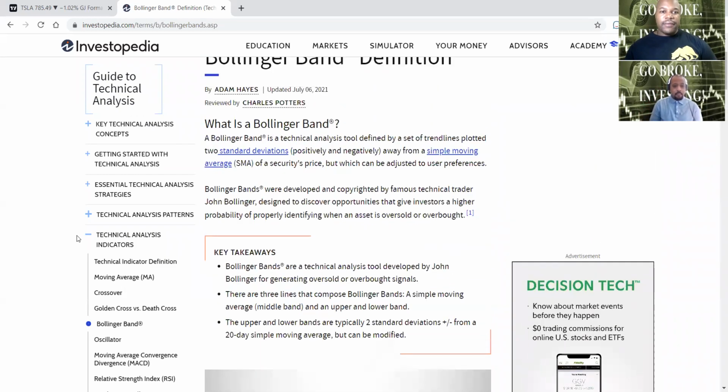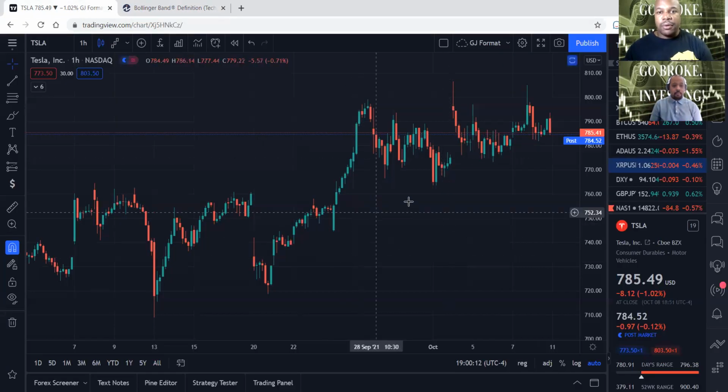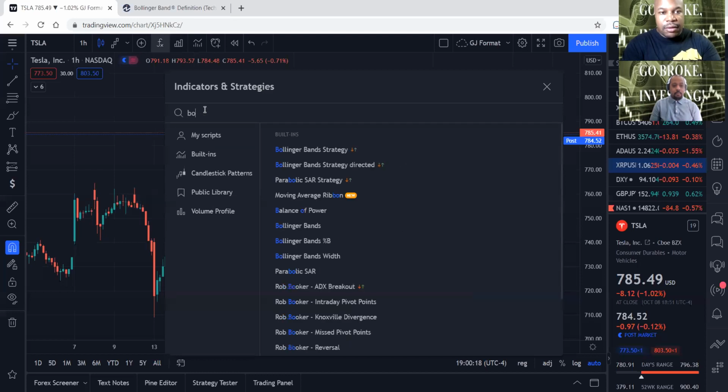So we have this here. What is a Bollinger Band? Without getting too deep into it, it's a technical analysis tool defined by a set of trend lines plotting two standard deviations, positive and negative, away from the simple moving average. So when you set up your Bollinger Bands, you can come up to this screen and you type in Bollinger Bands.